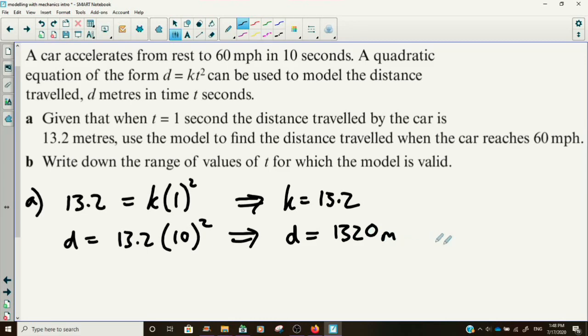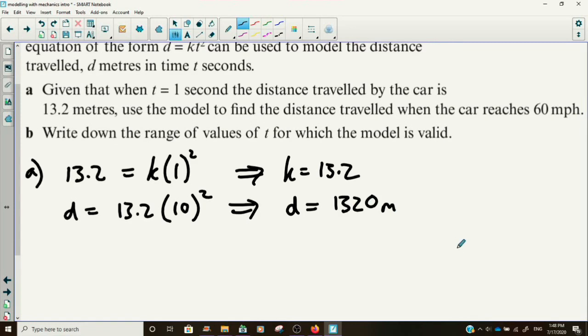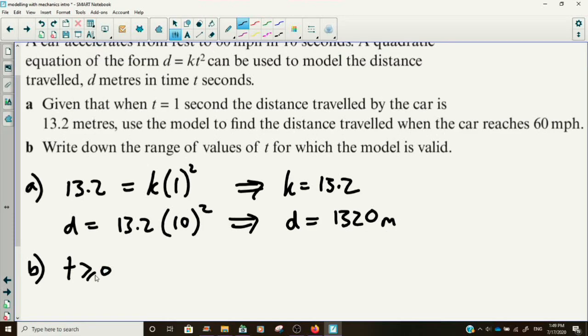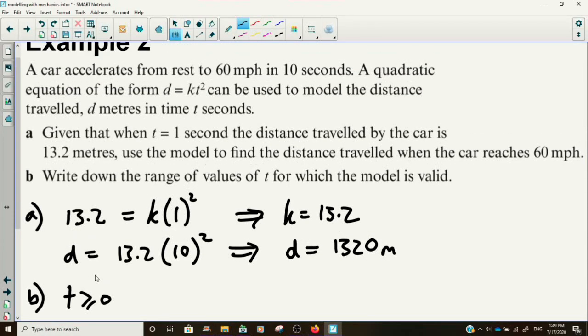Okay, so far so good. Part B, this is where they're really testing your understanding of the question in practice, in real life. Write down the range of values of t for which the model is valid. Well, we'd have to say that t's got to be greater than 0, or greater than or equal to 0 at least. So for positive values in time. But what about the maximum value of t?